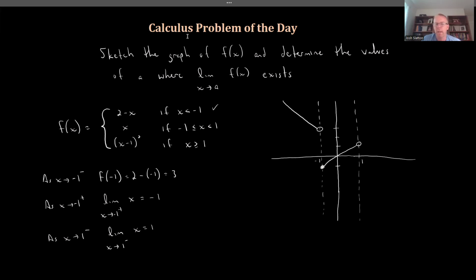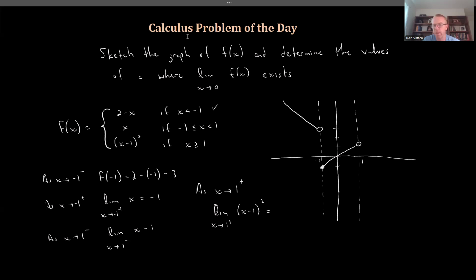And then last, as x is approaching 1 from the right, now we're going to use the function on the bottom. So let's see what happens with that. The limit as x approaches 1 from the right of (x minus 1) squared.